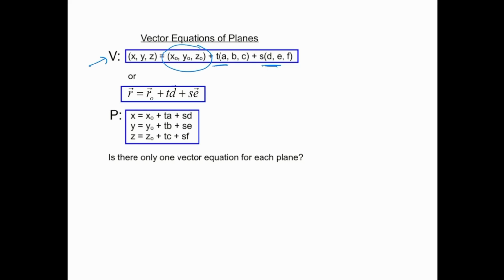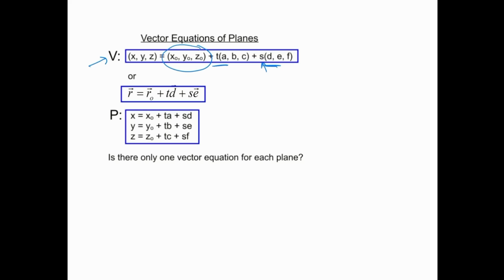And that's this t is the scalar multiple times ABC, and we have s is a scalar multiple times vector DEF. Planes are always in 3 space, so our resultant will have x, y, and z components, and so will our position and our 2 direction vectors.